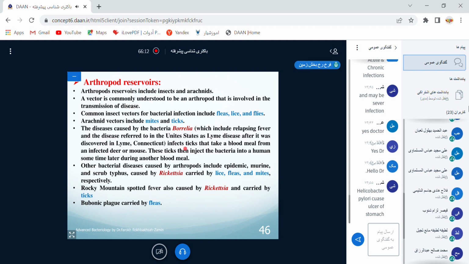The tick goes to these animals, receives Borrelia while drinking blood, and then transfers it to the human. These ticks then inject bacteria into a human sometime later during another blood meal.